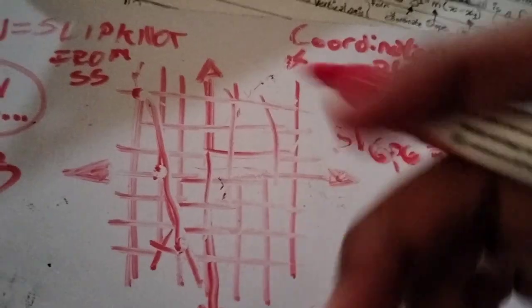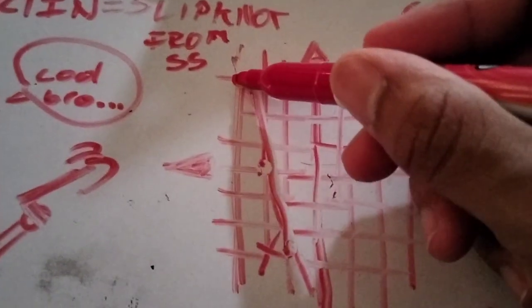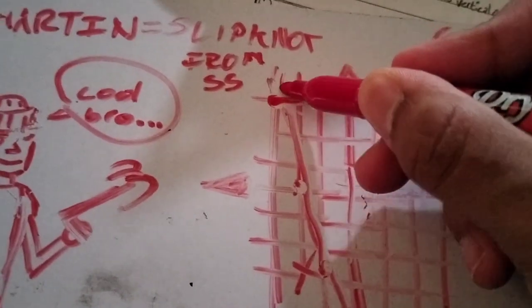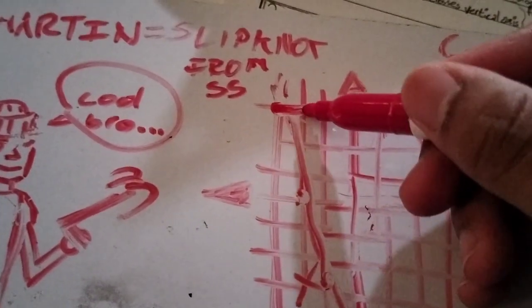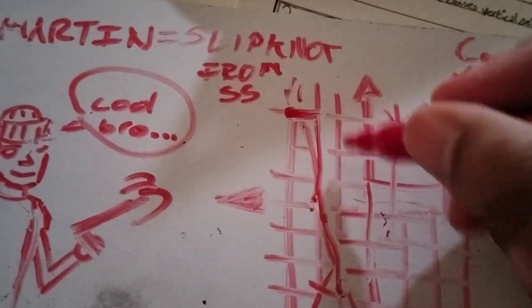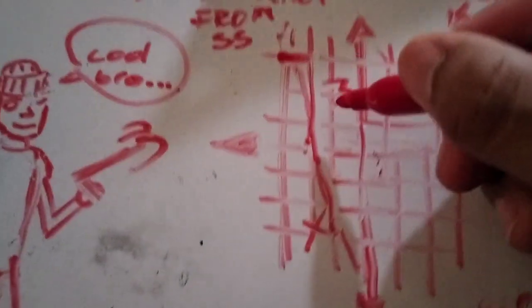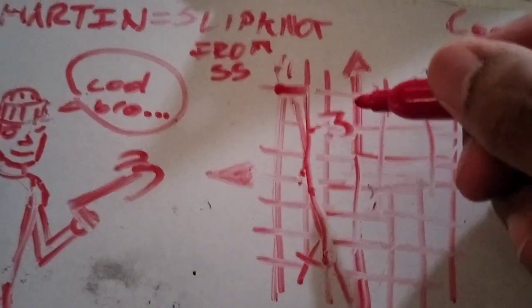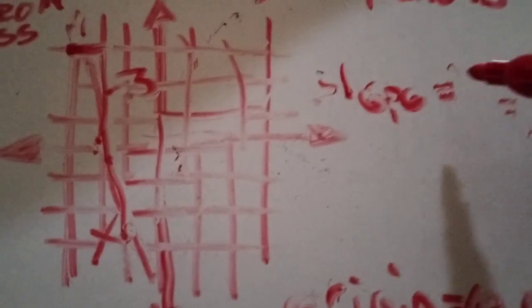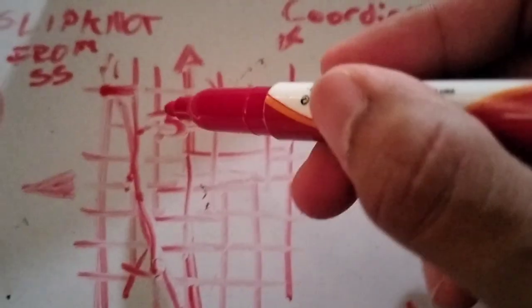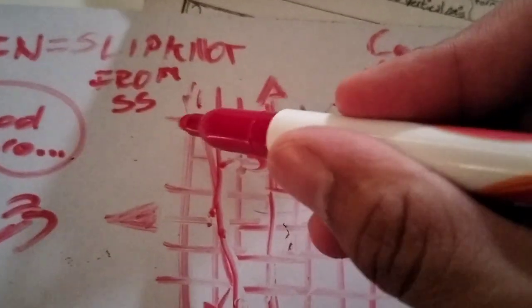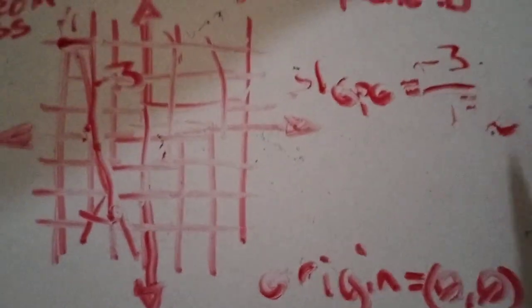You can measure the slope of this by doing the same thing we did with the other line. So it goes forward 1, and instead of going up, it goes down 3. But because it goes down, we add a negative to indicate that. So the slope of this would be change in y, which would be -3, over change in x, which would be 1, meaning that the slope would be -3.